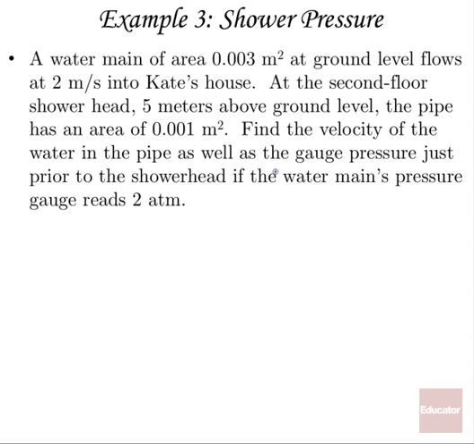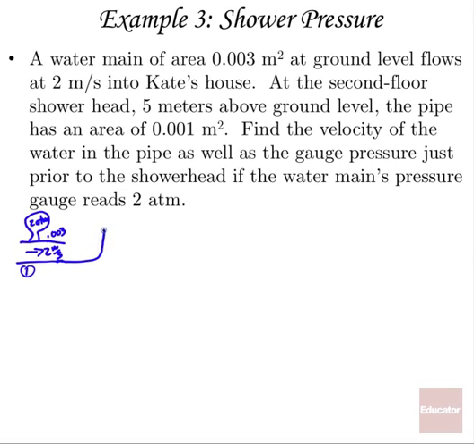Well, let's start with the diagram here. Water main of area 0.003. So we're going to start over here with the pipe at ground level, and we know if we put a gauge on it that it's going to read 2 atmospheres right there. And it's got a cross-sectional area of 0.003 square meters, and it's flowing at 2 meters per second into the house. That's at section 1.